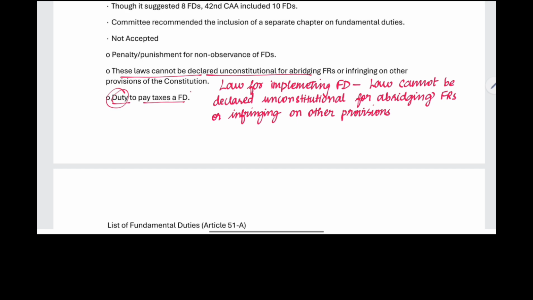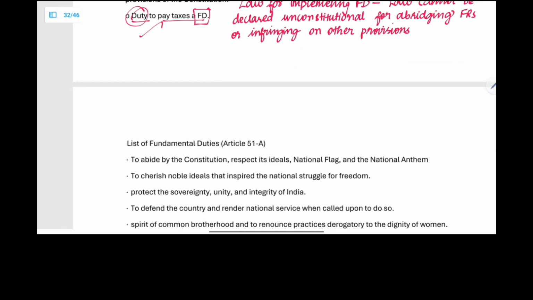The duty to pay tax is a fundamental duty, but it is not included.